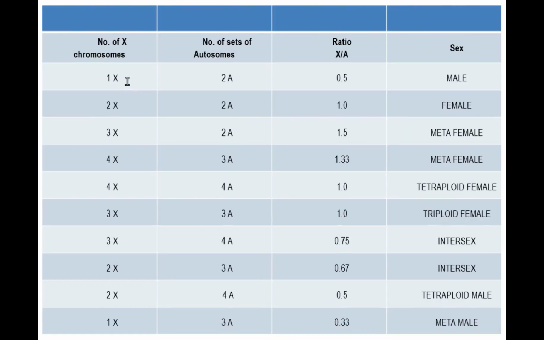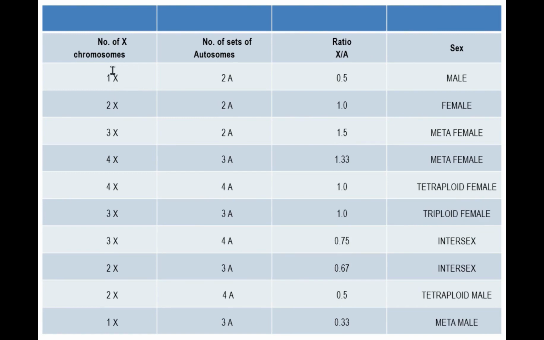Autosomes of egg and autosomes of sperm, n plus n, totally 2n, means 3 plus 3, 2 sets of autosomes. The genes present on these 2 sets of autosomes play an important role in the determination of sex of the individual, either into a male or a female.